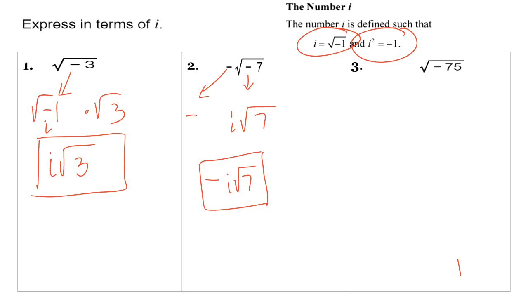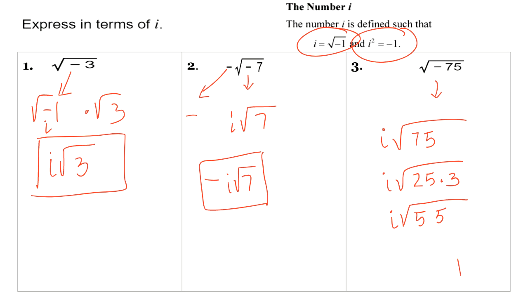So there's nothing to break down, so it stays like that. Now, in the third example, i comes out. Now I have a positive radical. And now I just need to break down 75 to 25 times 3. And I can continue if I wanted to, but I know the square root of 25 is 5. But just in case I didn't know it, I can break it down for every two of the same numbers.